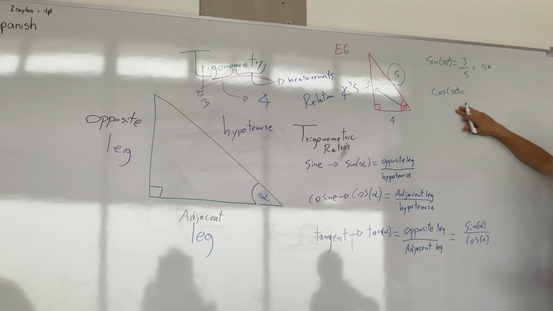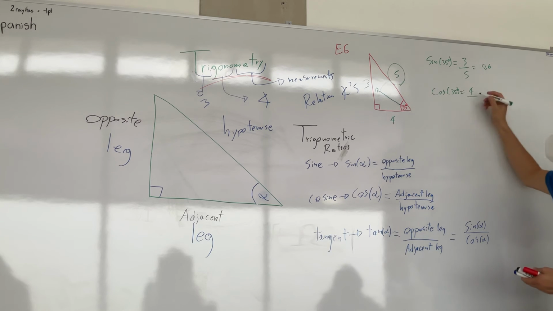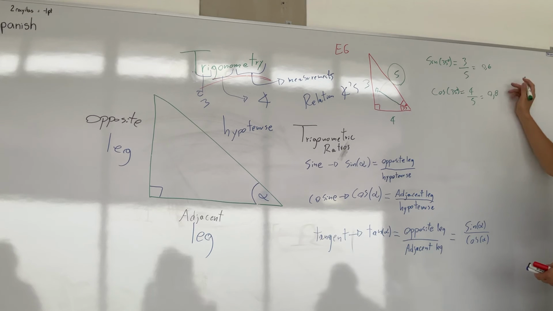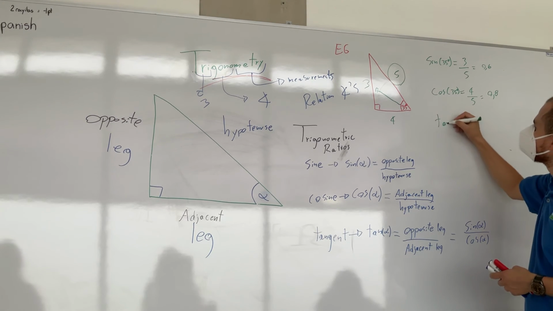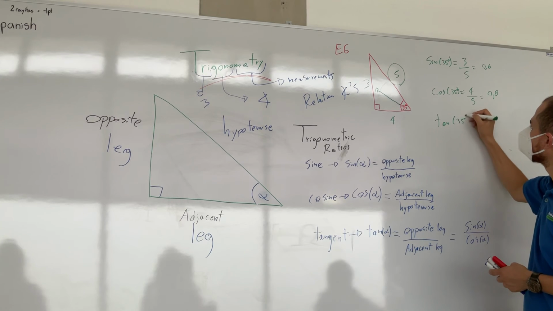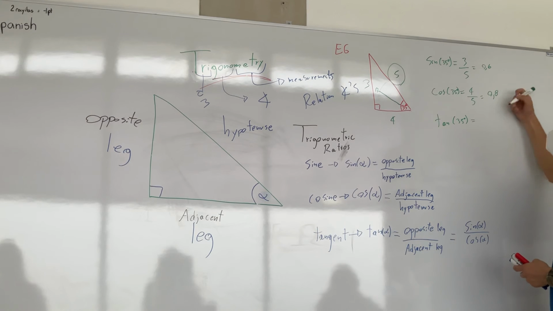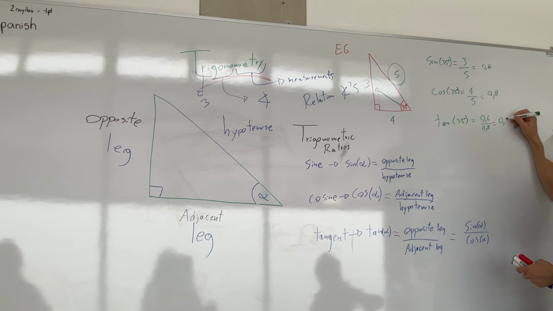Cosine of 35: adjacent 4 divided by hypotenuse 5, and it's 0.8. Tangent is 0.6 divided by 0.8, which is 0.75.